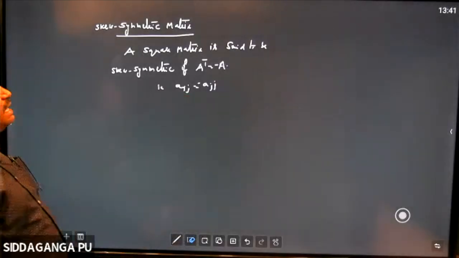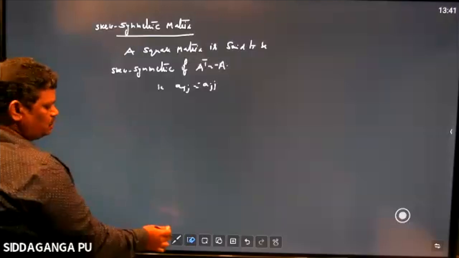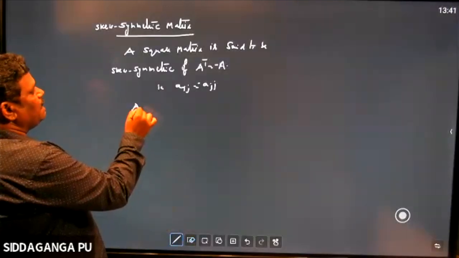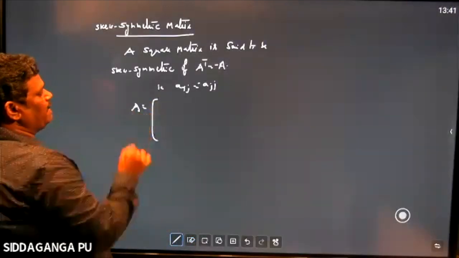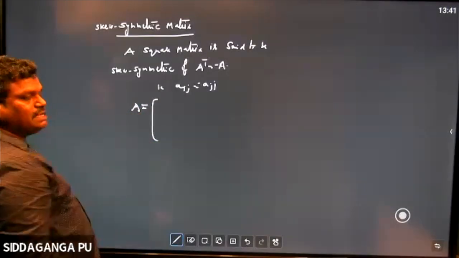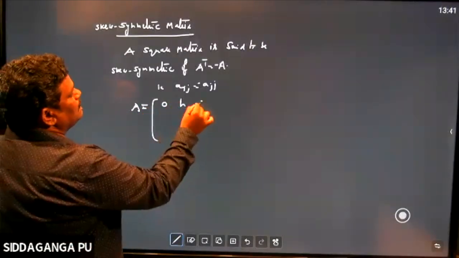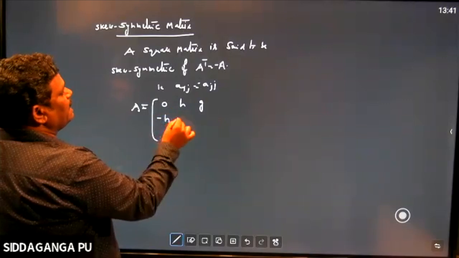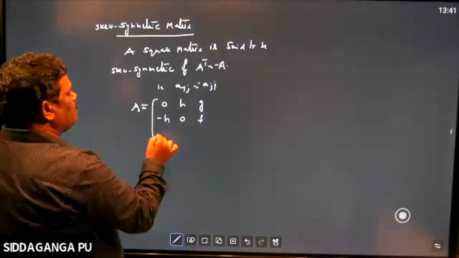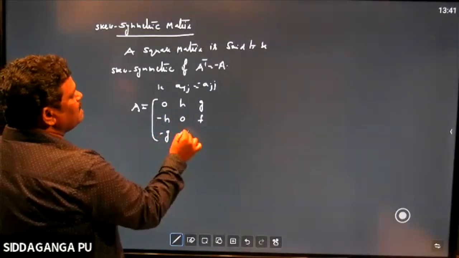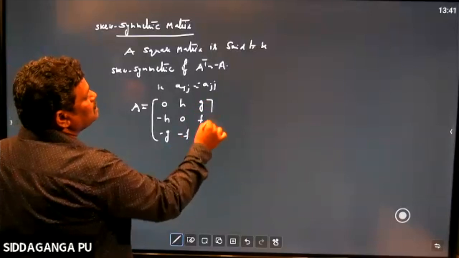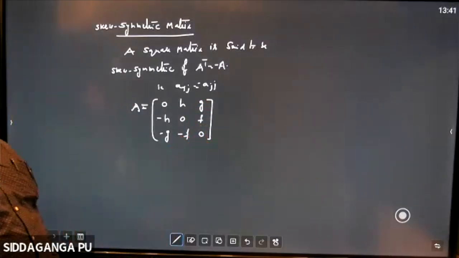Now we can consider the standard form of the skew symmetric matrix. A is equal to the matrix 0 H G, minus H 0 F, minus G minus F 0. So this is the standard form of a skew symmetric matrix.